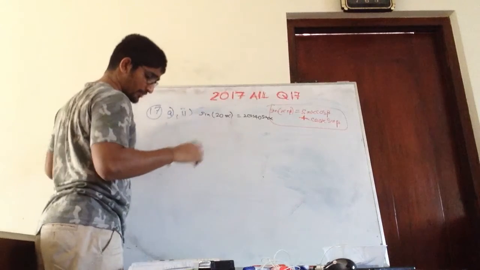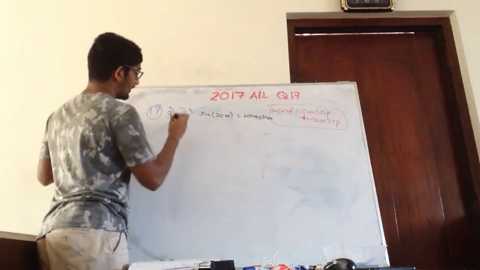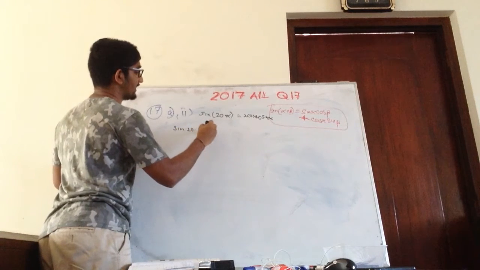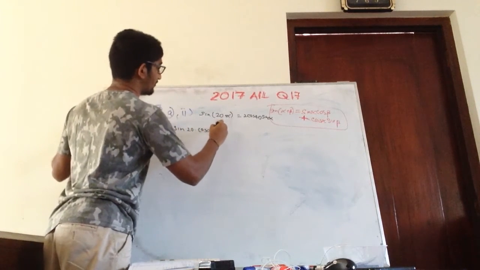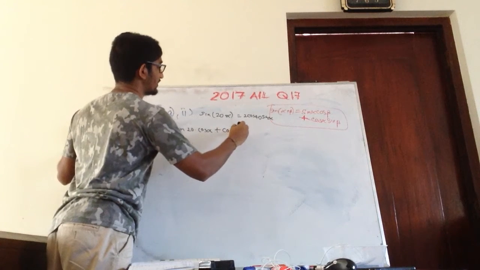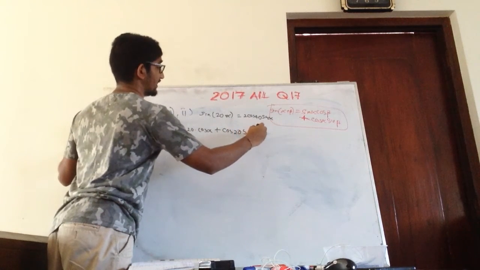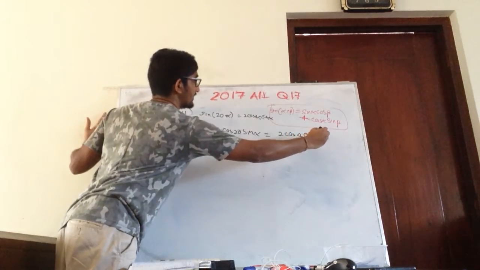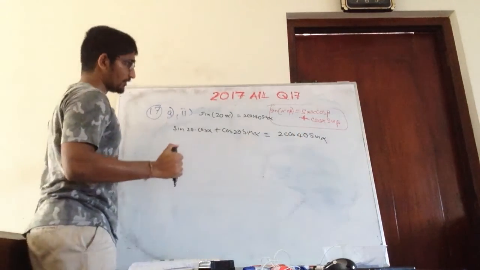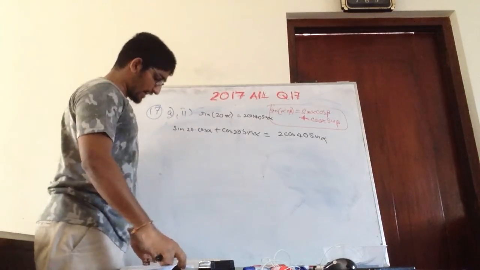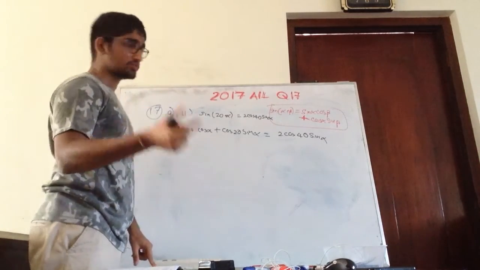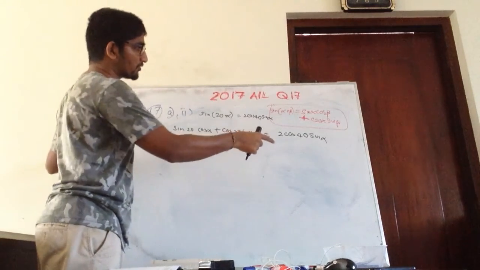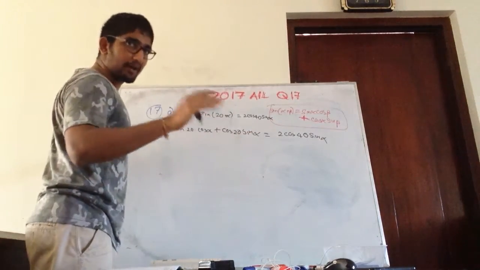So now I get sine 20 cos alpha plus cos 20 sine alpha is equal to 2 cos 40 sine alpha. Right? So now they are asking the answer in terms of cot, no? In terms of cot alpha. So what I am going to do is divide this whole thing by sine alpha.